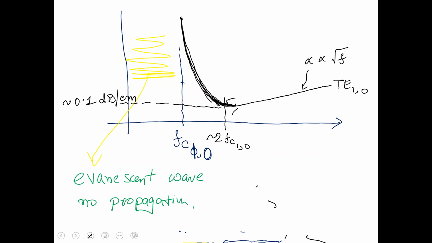To put this in perspective, per meter, 0.1 dB is roughly 5% of the power lost. So if you travel over 1 meter of the waveguide, roughly 5% of the power would be lost.